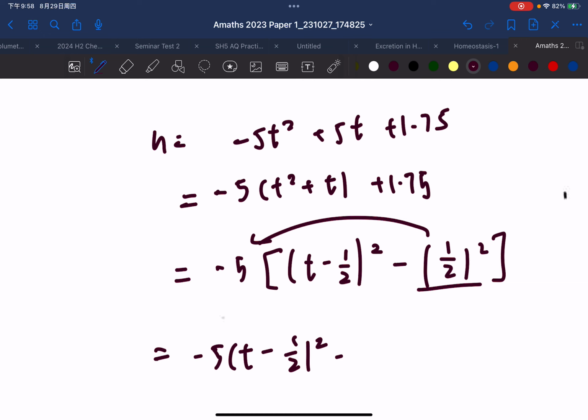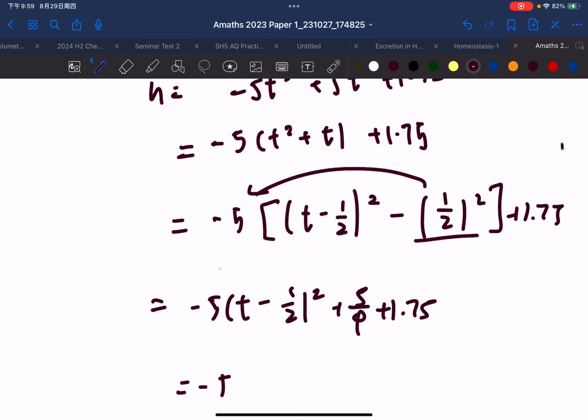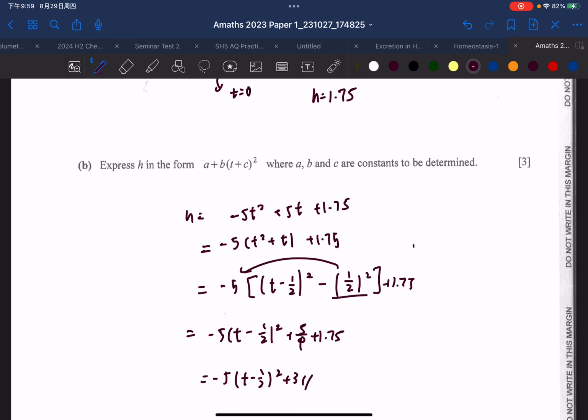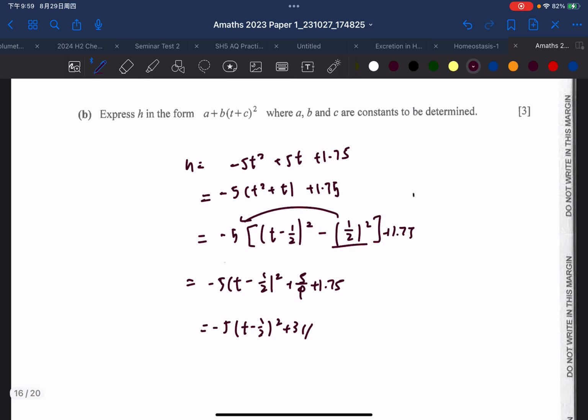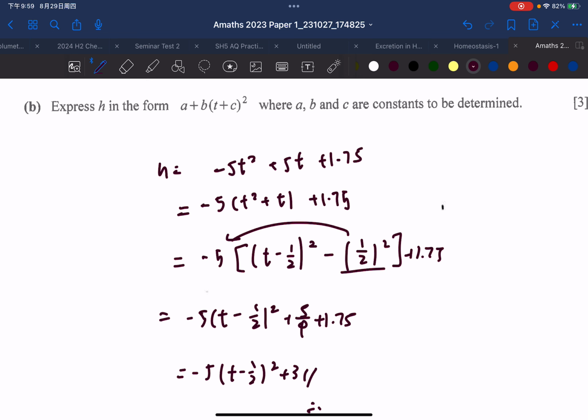So the actual answer is this, and you continue to simplify, you will get the answer of this. Okay? And this is exactly what they say as a plus b of this. Okay? So you always have to say that, oh, that's why it's proven where a is equals to 3 and b is equals to -5, where c is equals to -5. Okay?